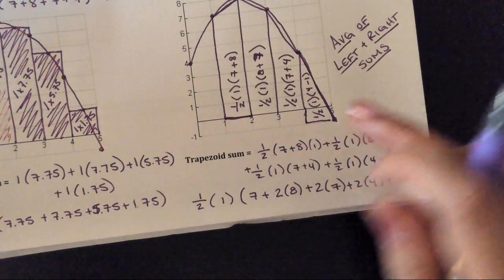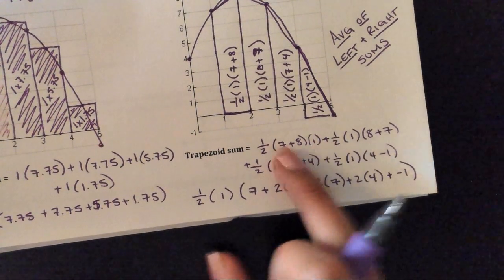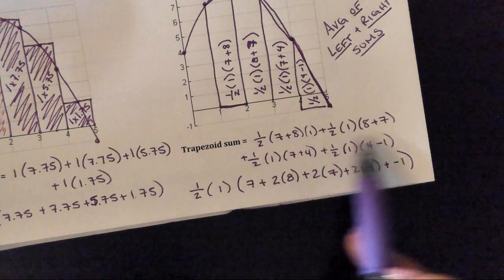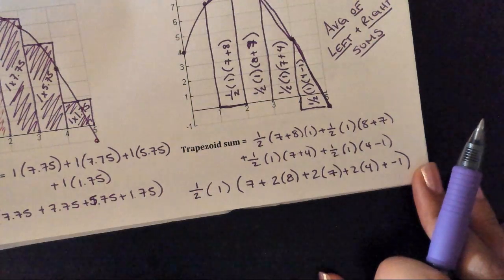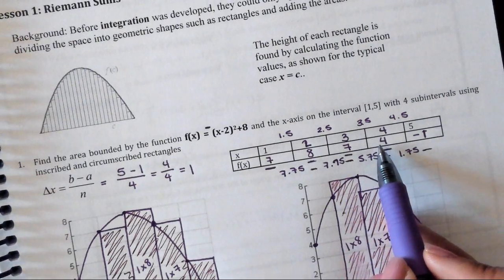But I would like you to know this formula, and I would also like you to know how to calculate it if the intervals aren't the same, which is this way, because you're going to need to know how to do all three. Okay? So the left Riemann sum, to recap, the left Riemann sum will use the left 4 terms.